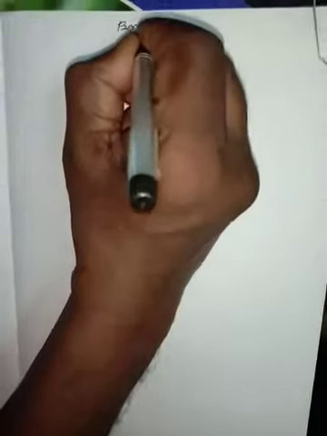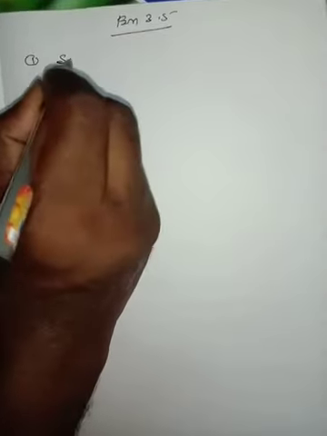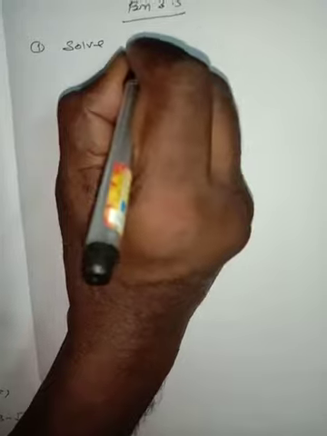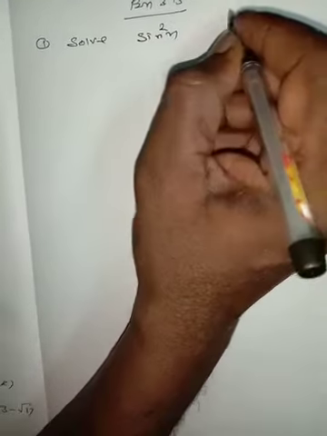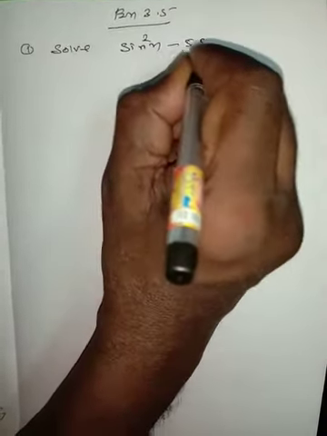Exercise 3.5, sum number 1. Solve sin square x minus 5 sin x plus 4 is equal to 0.